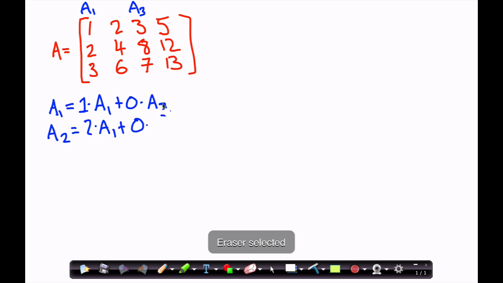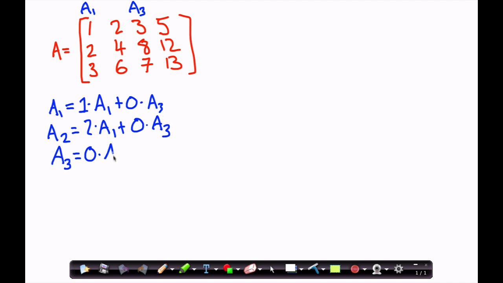Let me go ahead and erase that. This should be A3, 0 times A3 here as well. A3 is of course equal to 0 times A1 plus 1 times A3. And A4 is equal to 2 times A1 plus 1 times A3. Let's see if that checks out. 2 times A1. Yes, that looks good.